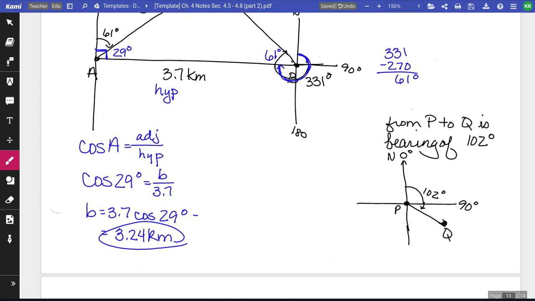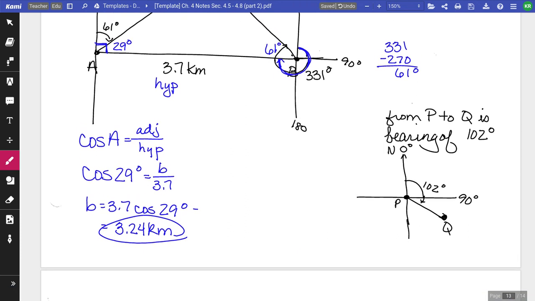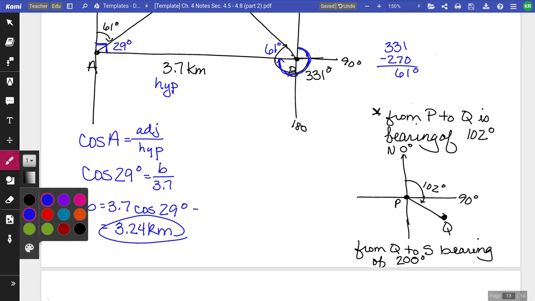Okay, now what if we added a second piece to that and we said, okay, so now go from Q to S, and it has a bearing of 200 degrees. Okay, Q to S, bearing of 200 degrees.